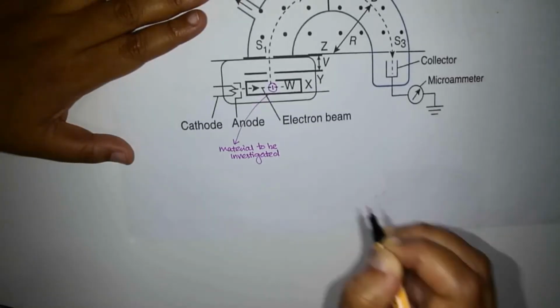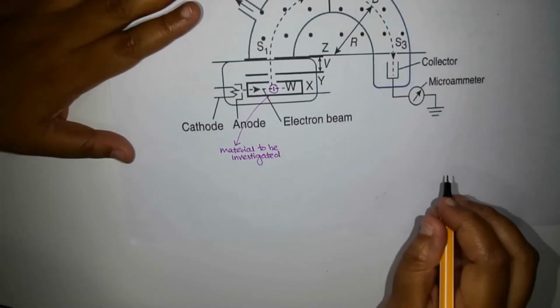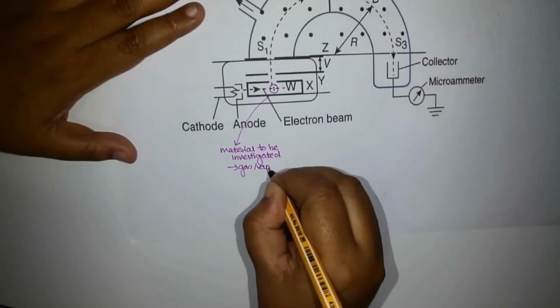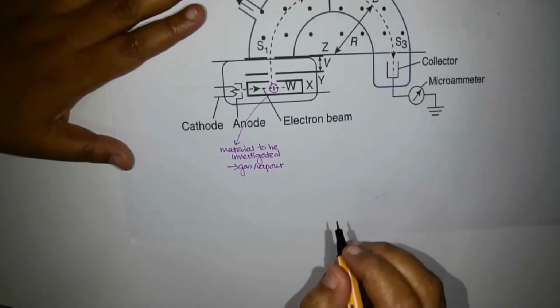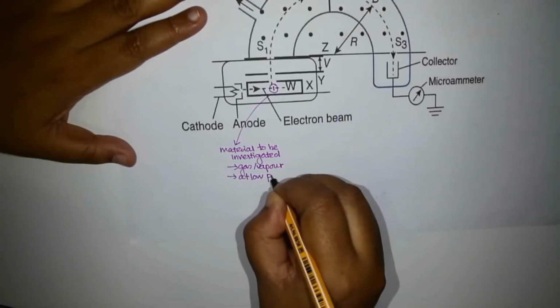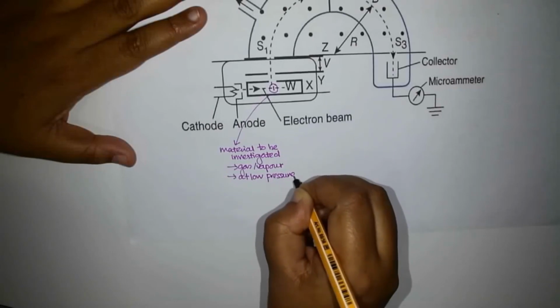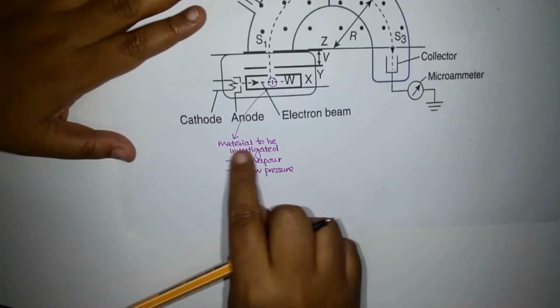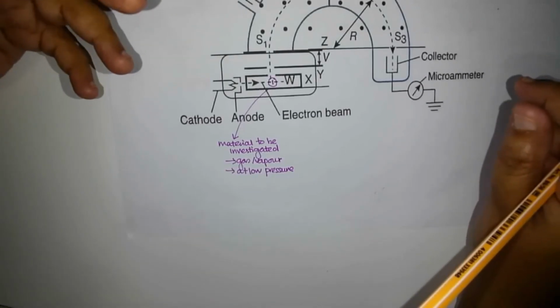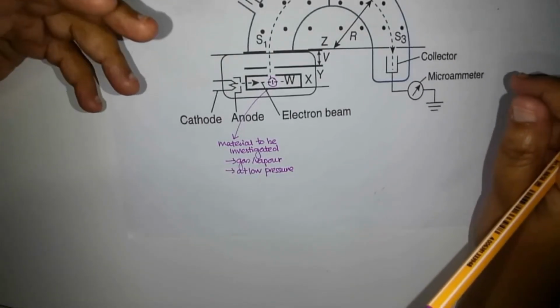Usually it's in the form of a gas or vapor at a very low pressure. So inside this W here we have a material that we want to investigate, in the form of gas or vapor at low pressure.